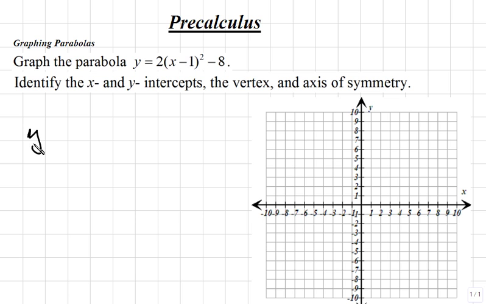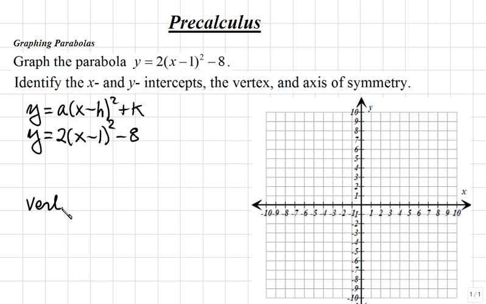So we'll write down our equation, y equals 2 times x minus 1 squared minus 8, and compare this to the standard form of a parabola, which is y equals a times x minus h squared plus k. We recall that the vertex of a parabola is going to be the ordered pair h comma k.